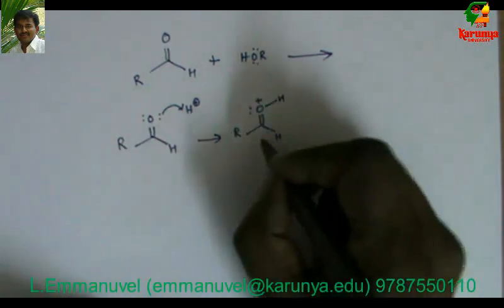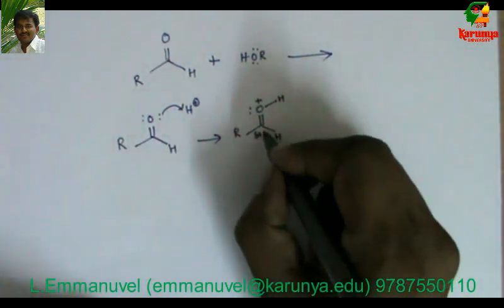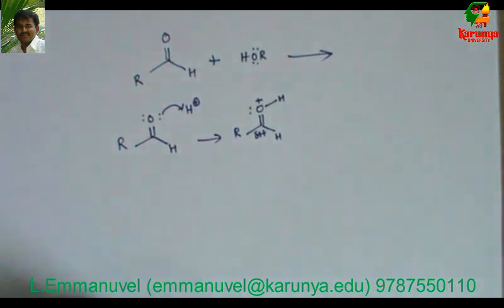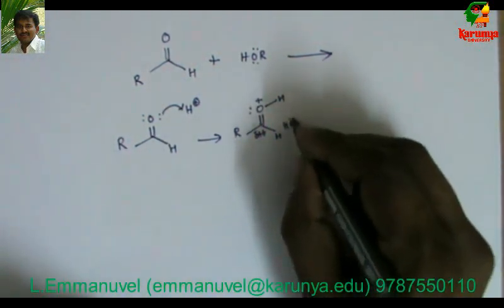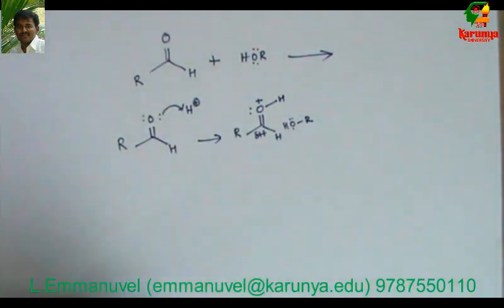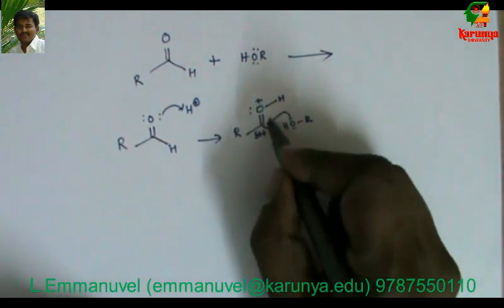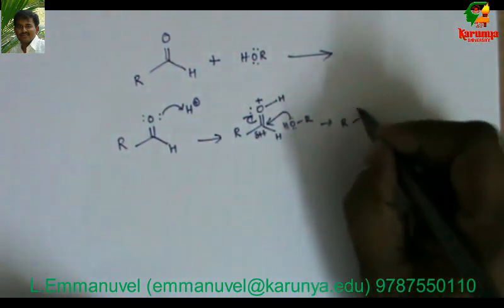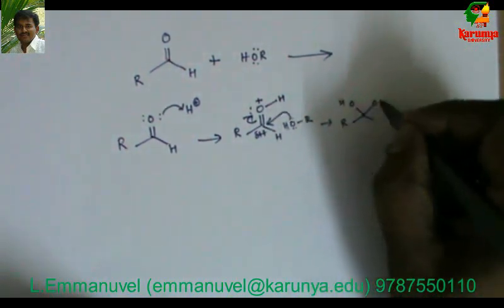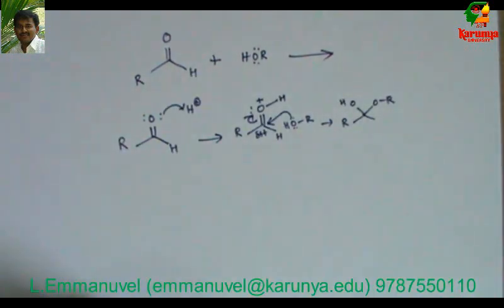Now the del plus on this has been increased to a great extent. Even water or methanol can attack here. So this attacks, and what we get is like this.